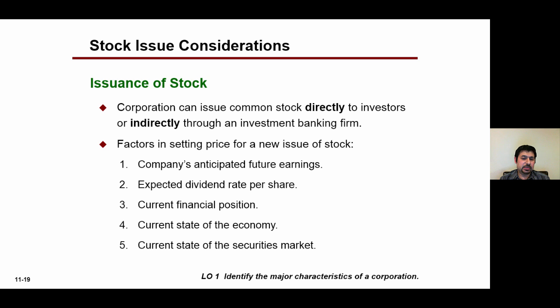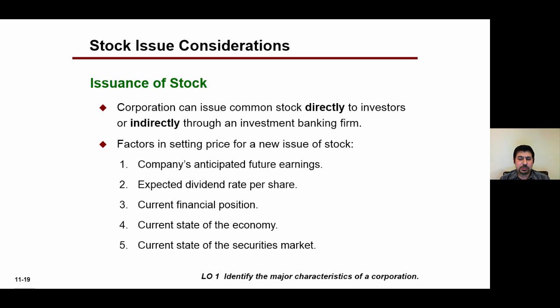On the other hand, when they sell it indirectly through an investment banking firm, the company will not suffer any risk of not selling all these stocks. And at the same time, the investment bank will be getting a certain fee. And usually, those investment banks have people who are expert in selling this kind of product, shares, etc. As a result, they have a lower risk of not being able to sell those stocks.